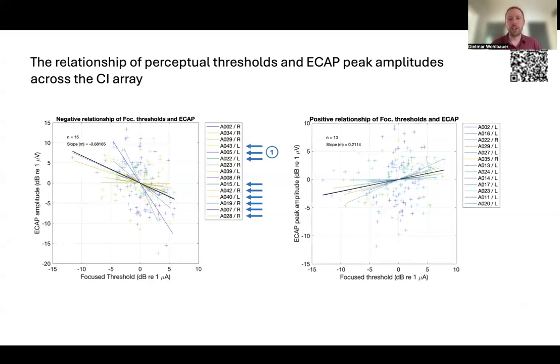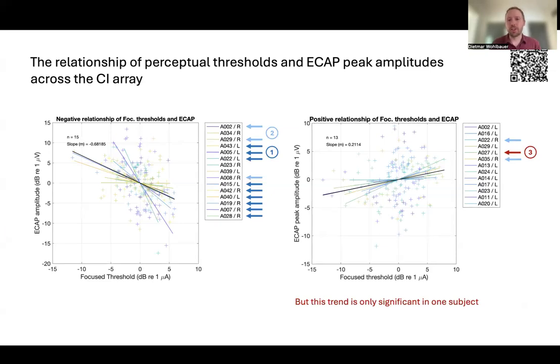We have a negative correlation, which is significant and borderline significant, so very close. And this one subject has a positive correlation, which I just showed you before. So you can already see that there is a trend of more negative relationships instead of positive ones, which we want to see. Then, if we do partial correlations, we already identify a few more people that have a negative relationship.